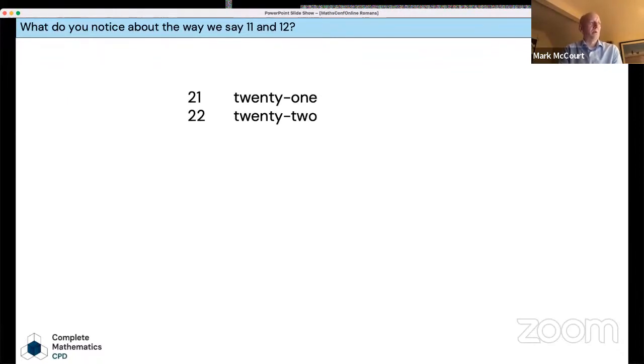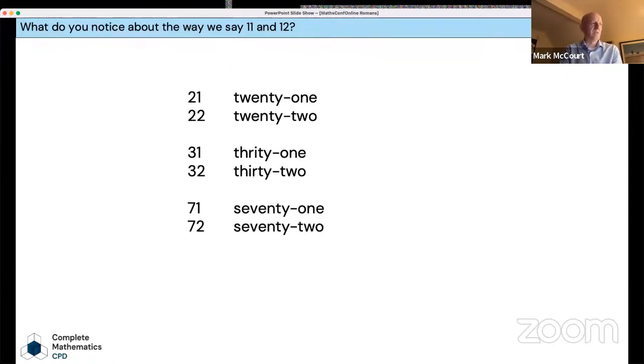So we've got 21, 22, 31, 32, and so on. 71, 72. Because unlike French, we do have a 70 version of it. And it's the 7, so we're taking the 7 and we're putting the ty on it to say there are 7 10s and 1.